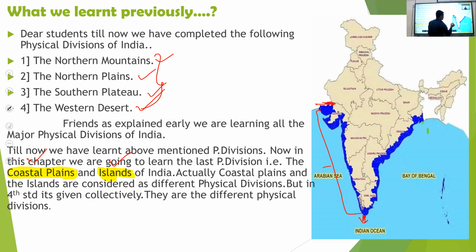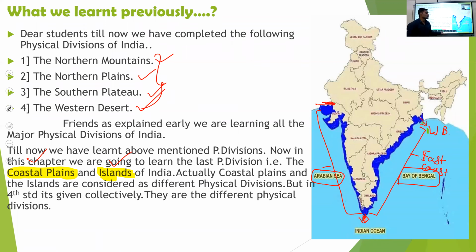It is nothing but the Western Coast, which is on the west side of our India, and it is adjacent to the Arabian Sea. On the east side, you are having a sea coast here. It starts from West Bengal and it ends at Kanyakumari. So this much portion will be called the East Coast, and on this side you are having the Bay of Bengal.